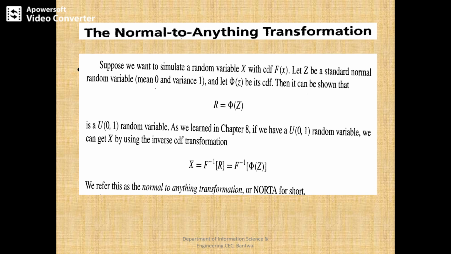We will have a correlation of X not equal to rho. The difference is often small, but not always in every case. So this is about the NORTA transformation, or normal to anything transformation.